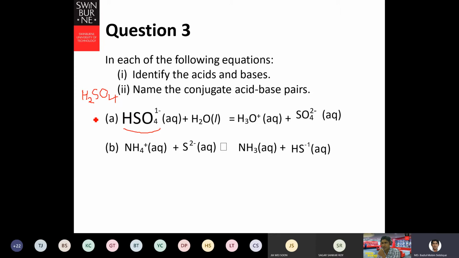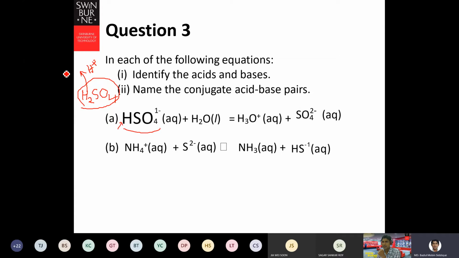Here one hydrogen is gone from this molecule, and since one hydrogen is gone, we see only one hydrogen here. The hydrogen gone is positively charged, in the form of H plus.